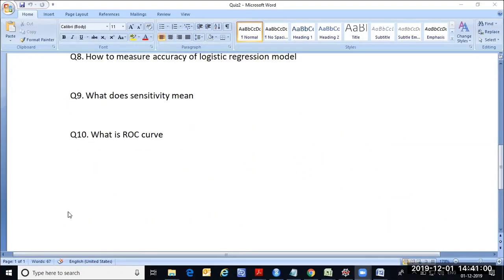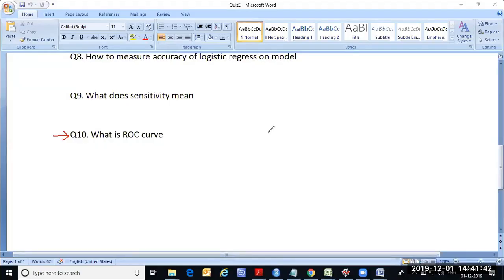What is ROC curve? The plot that you draw between true positive rate versus false positive rate.